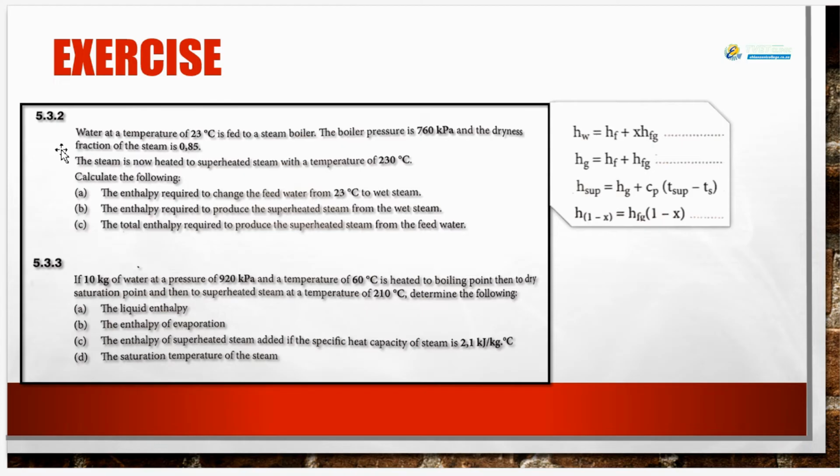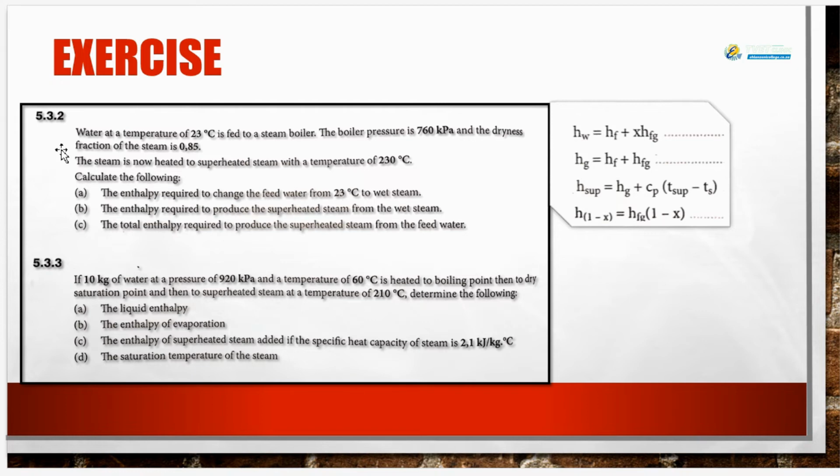Water at a temperature of 23 degrees Celsius is fed to a steam boiler. The boiler pressure is 760 kilopascal and the dryness fraction of the steam is 0.85. The steam is now heated to superheated steam with a temperature of 230 degrees Celsius. That is our superheated temperature.